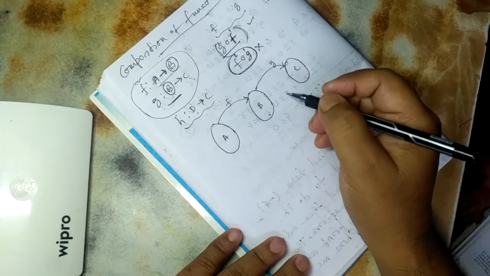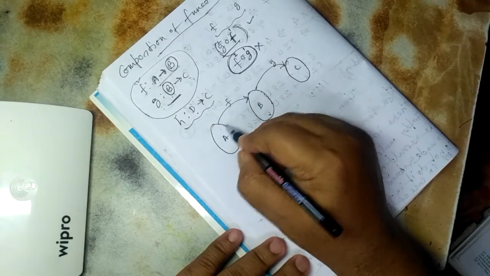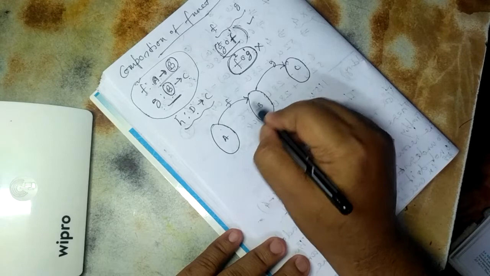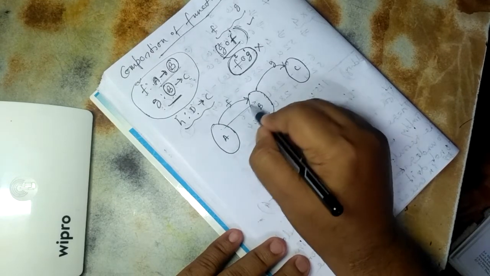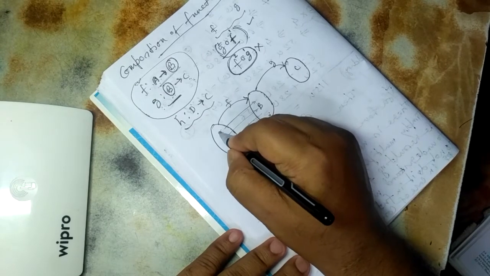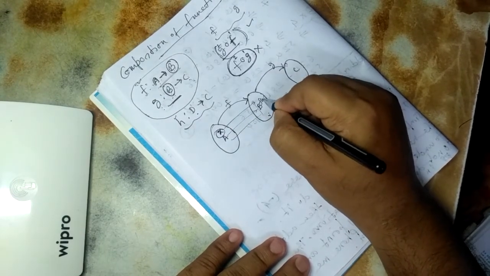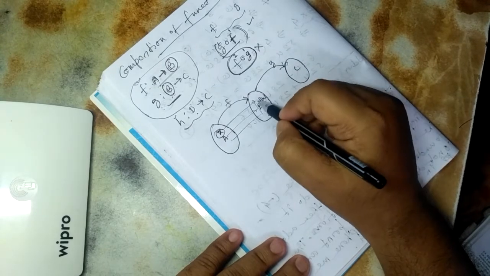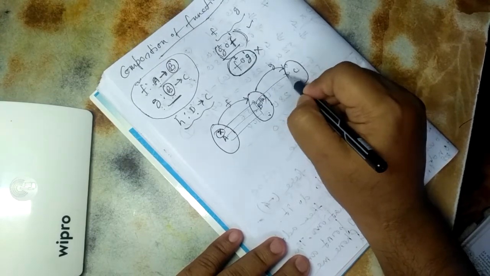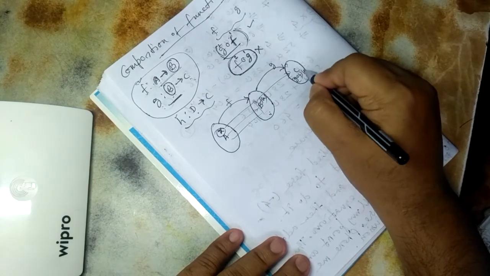Now from here everything is going to here as f(x). Whatever element you can see here, this may be called x. Whatever element is being thrown here, this may be called f(x), and from there everything is going here as gof(x).